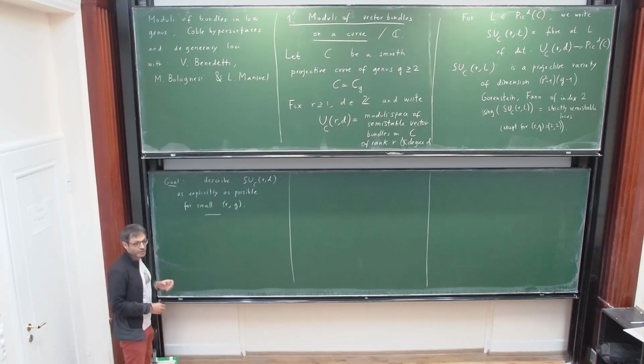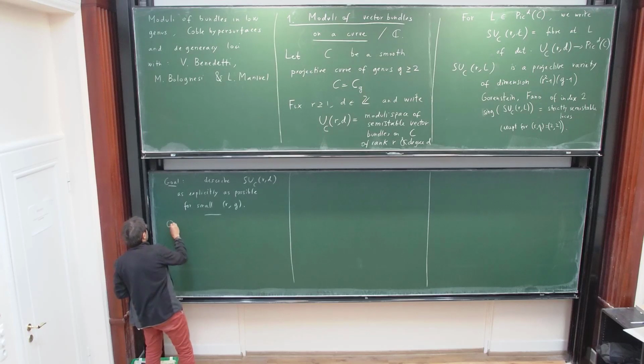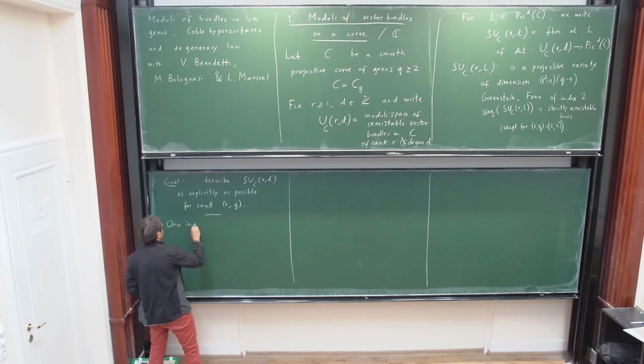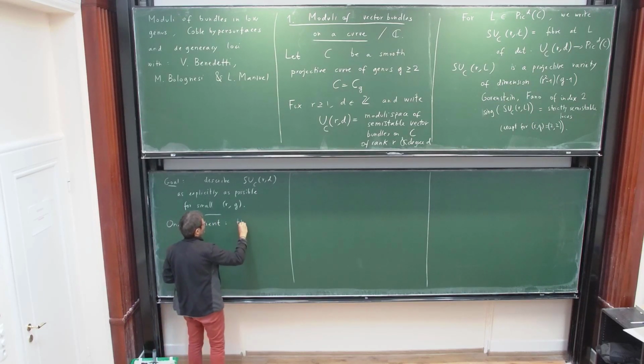Maybe let me introduce this line bundle because it will be interesting later. So one ingredient is the so-called theta map.